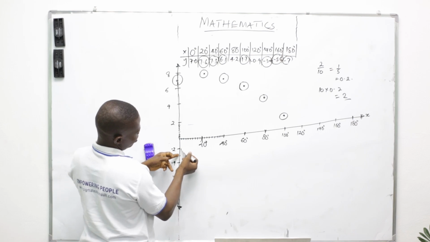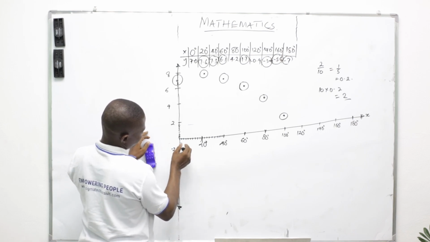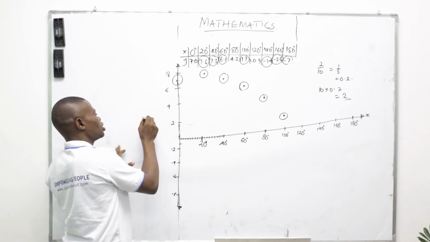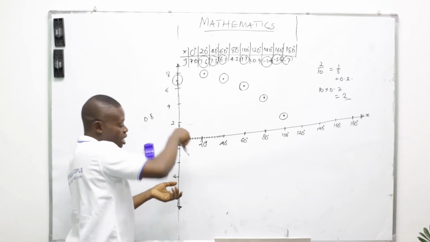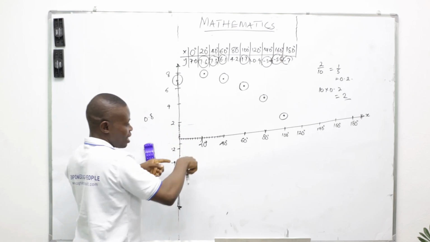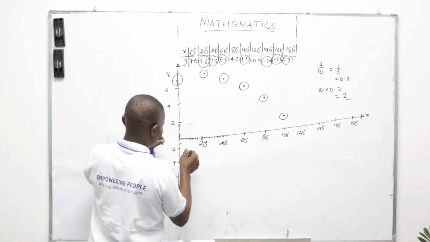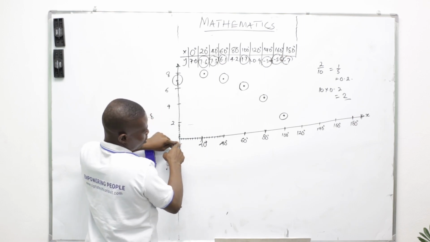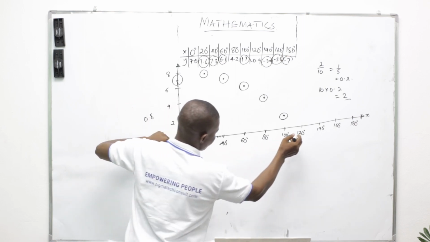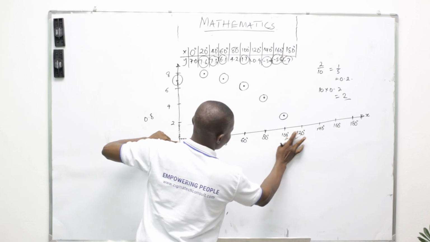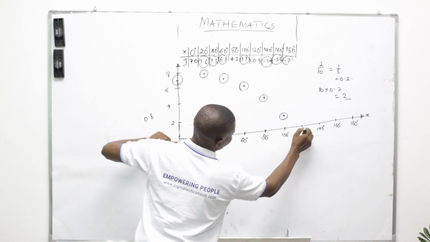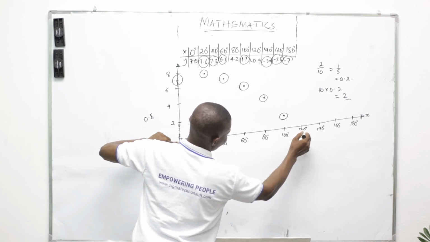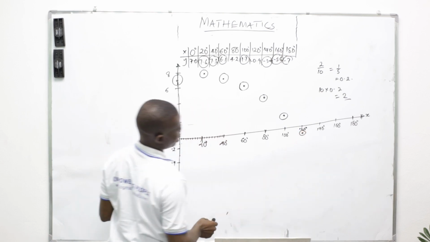From here, if here is 1, now 4 of this small box will give us 0.8. Half of the other one will now give, instead of counting 5, we are counting 4.5 of this. So somewhere here, we are representing our minus 0.9.